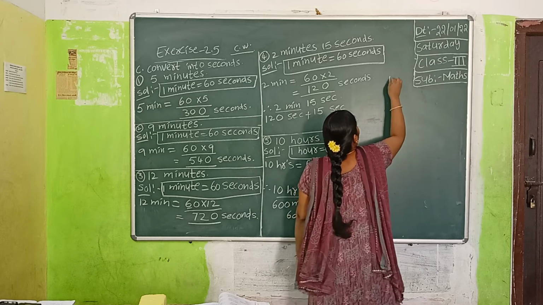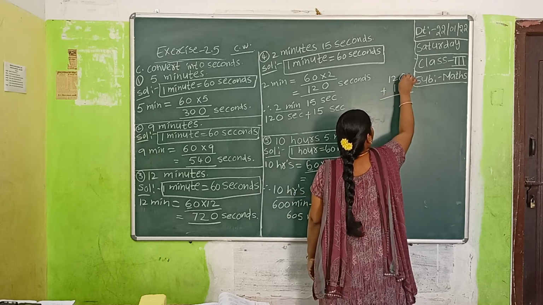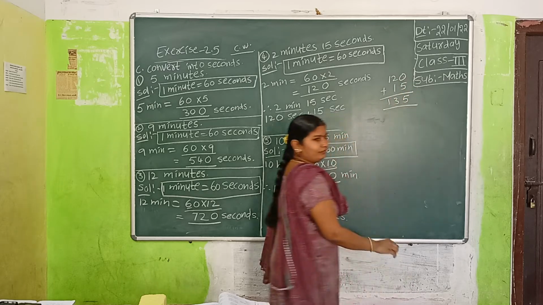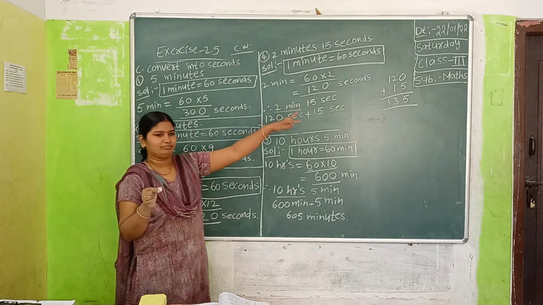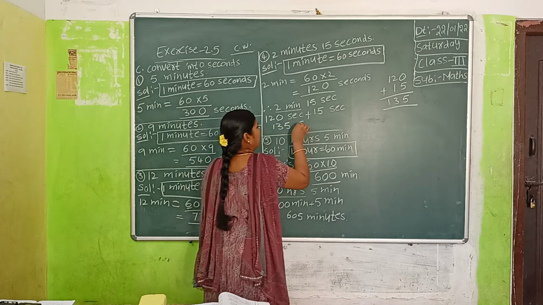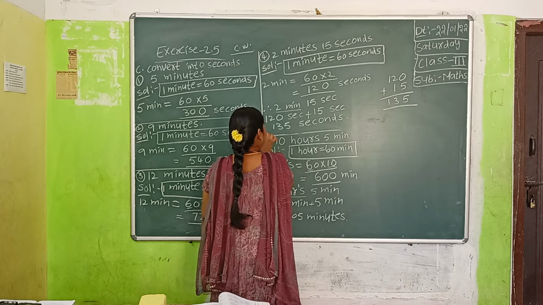Okay. 120 plus 15. 5 plus 0, 5. 2 plus 1, 3. When you are doing addition, carefully arrange the numbers. Okay. Total 135 what? Seconds. 135 seconds.